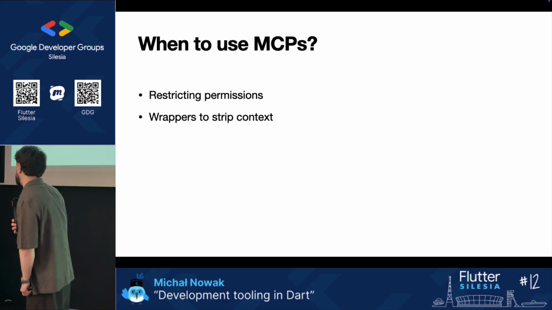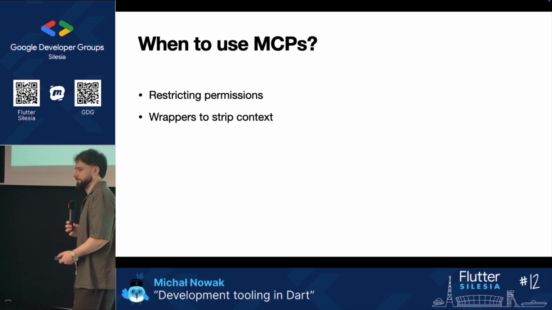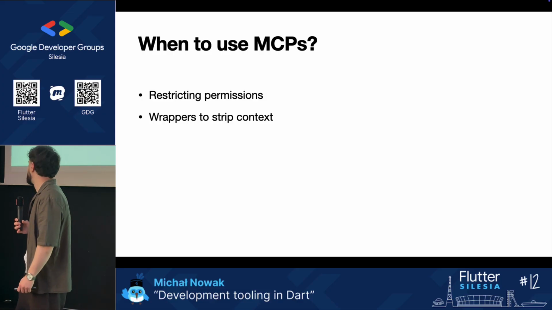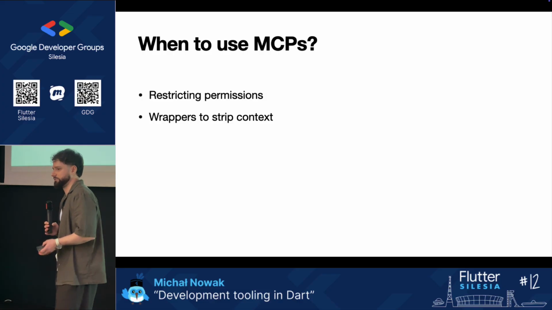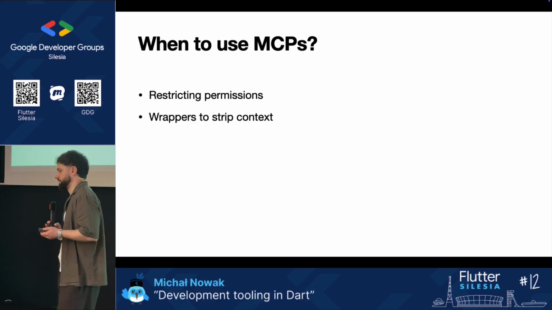So one of the solutions would be to create some wrapper around these MCP tools and disable the tools you're not using, or if your agent is running in the IDE or in the UI, you can just use that.